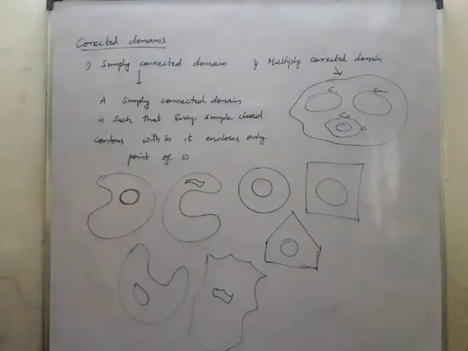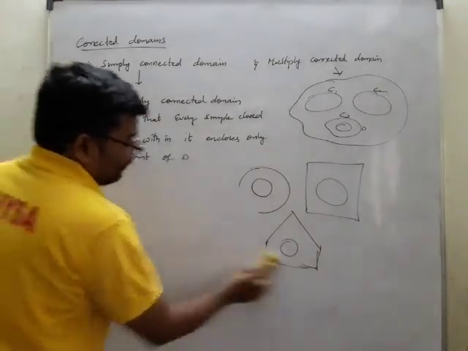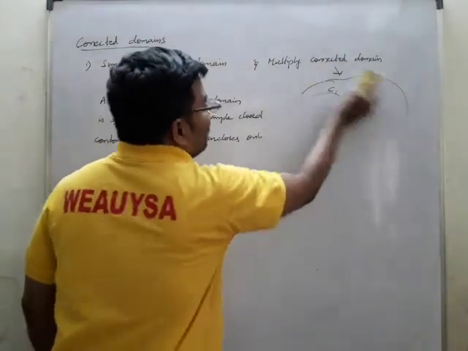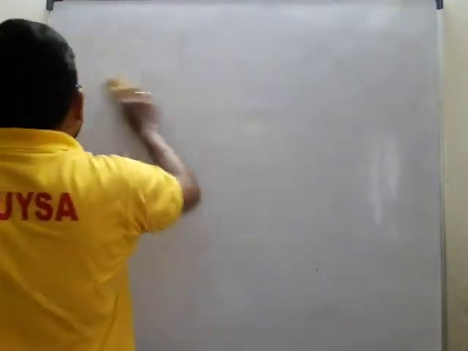So based on simply connected and multiply connected domains, we have a theorem. First we'll write the statement of the theorem, then we'll find the proof of the theorem.